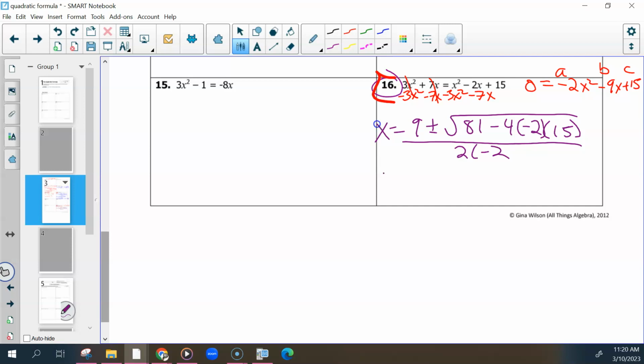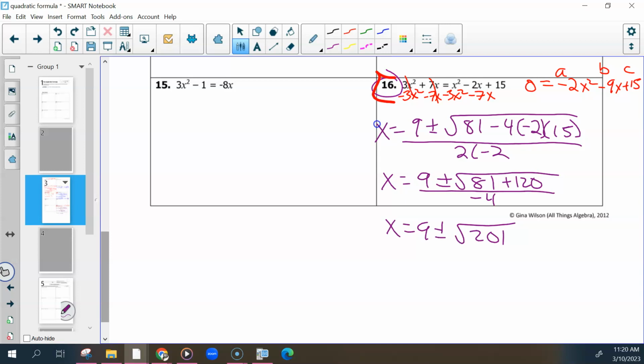Then we can start to simplify. X equals 9 plus or minus 81. What's negative 4 times negative 2 times 15? 120. Okay. And then if we add those two together, is 201 a perfect square?